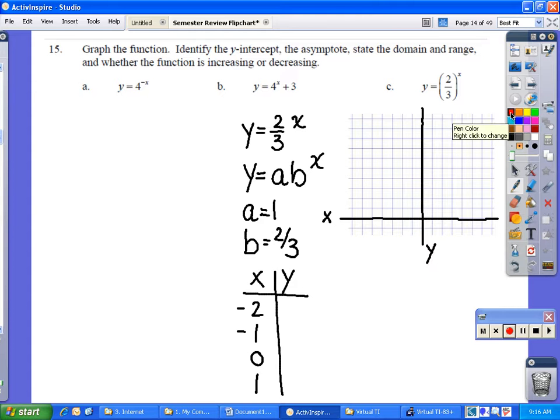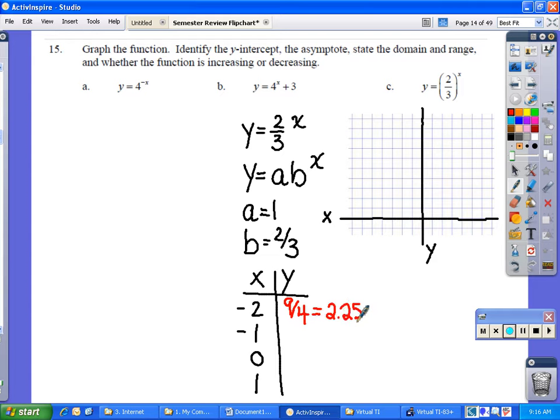If you plug in -2 for x, you'll get 2/3 to the -2. Remember, the -2 asks us to take the reciprocal, so we get 3/2 to the second. That's 3/2 times 3/2, which gives us 9/4. 9/4 is equal to 2.25.